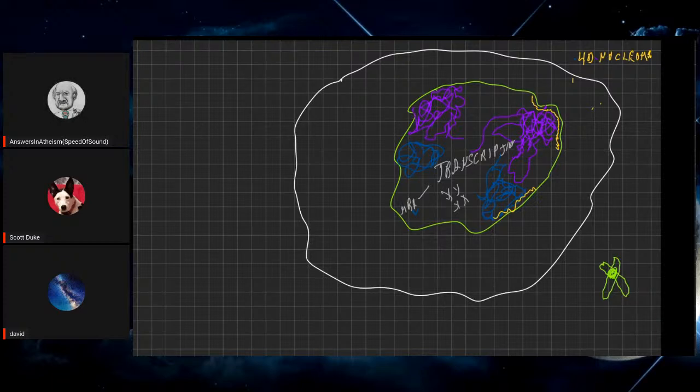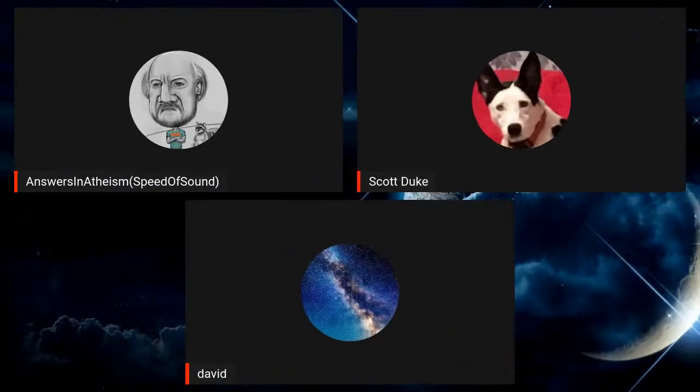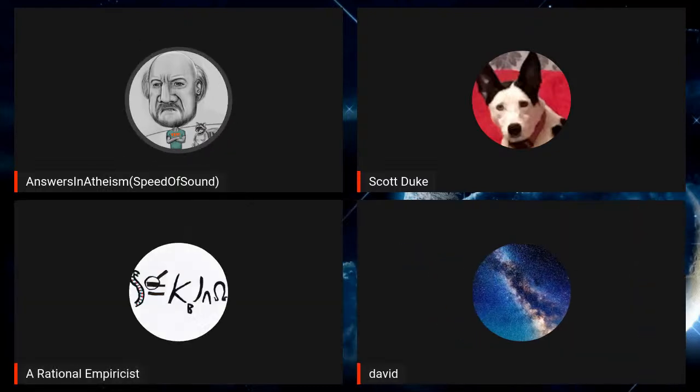That's a messenger RNA that pops out here, and then from mRNA you'll get a protein. The whole idea is to get these proteins and various other chemicals in the cell. That is called translation.